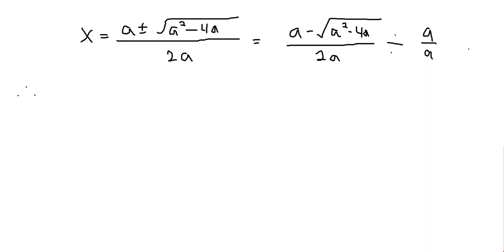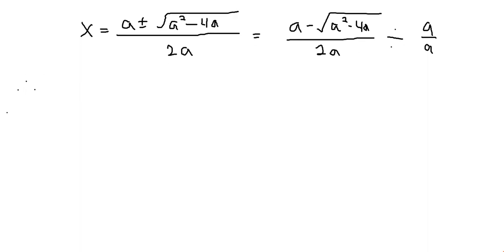So we get 1 minus the square root of 1 minus 4 over A, because when we take the A inside the square root, it becomes A squared, so we're dividing by A squared. And then the denominator just becomes 2.